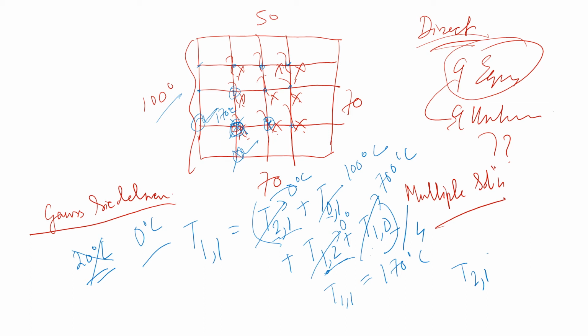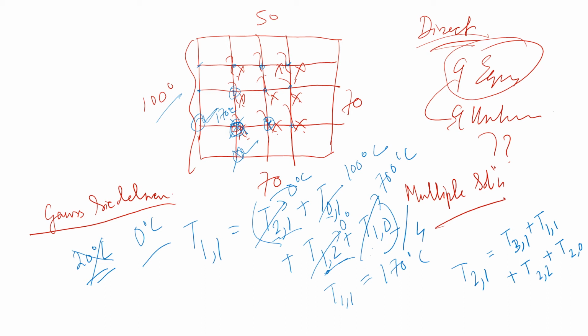So in case of T21, you see the value says that T21 is T31 (I plus 1) plus T11 (I minus 1), and then we go for J plus 1, that means this will be your T22, plus J minus 1, that means this will be your T20, correct?